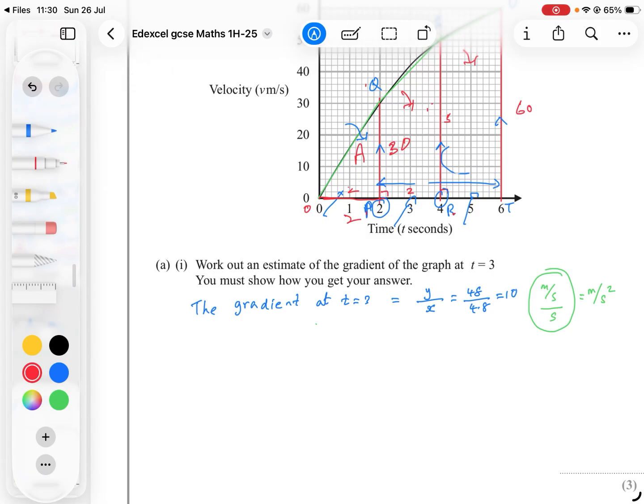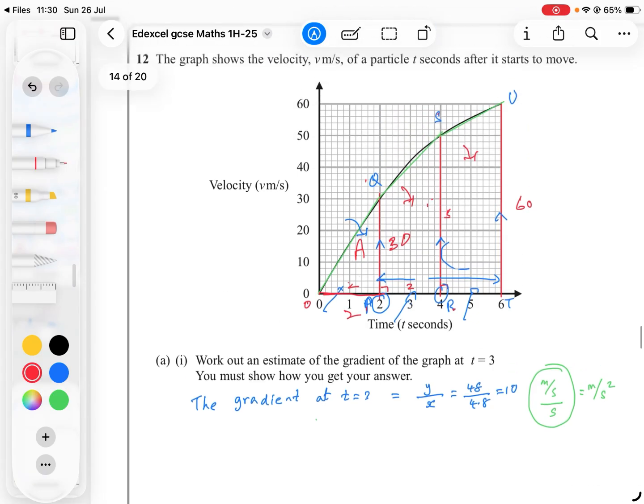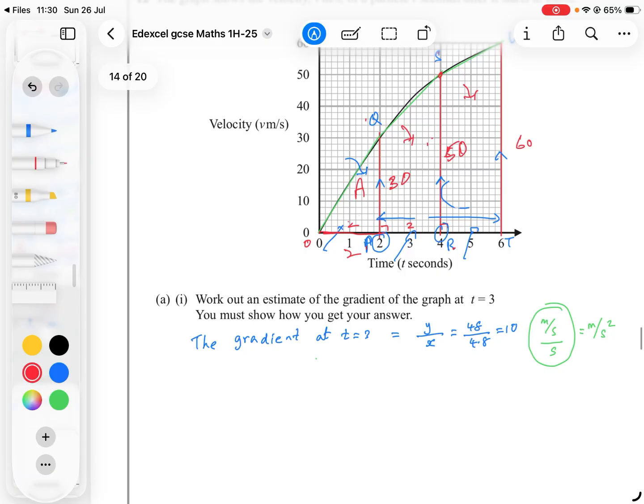For the trapezium, this one is 30, and up to here it is 50.